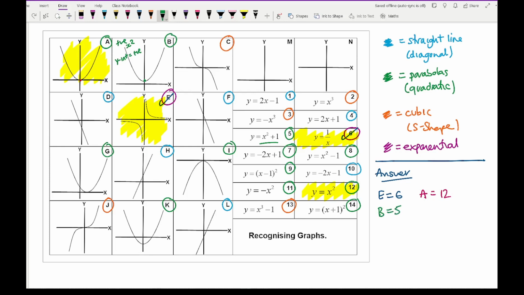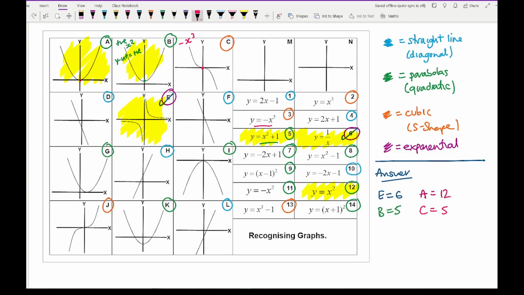Looking at C, let me just colour that one in, to say that we've done that one, and 5 is there. Now for C, we're looking for a negative x cubed. I can see straight away that's going to be 5. So here C equals 5. I also know that there's nothing being added because it crosses the origin. When a line crosses the origin, you're not adding or subtracting anything.